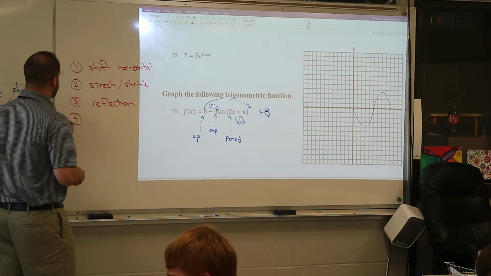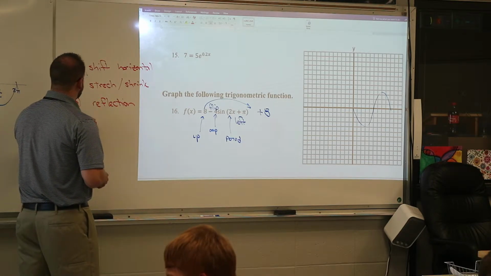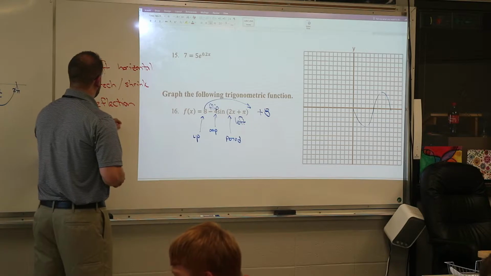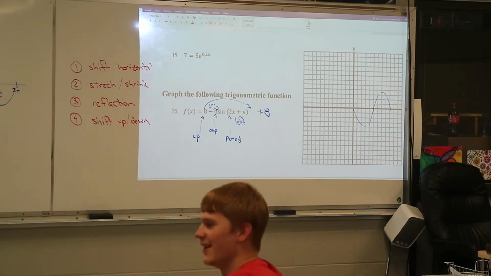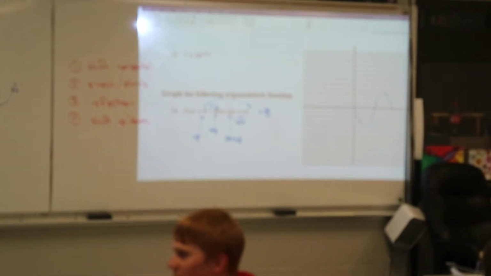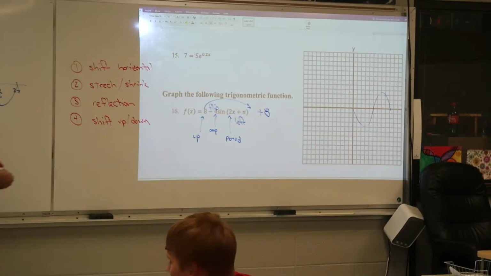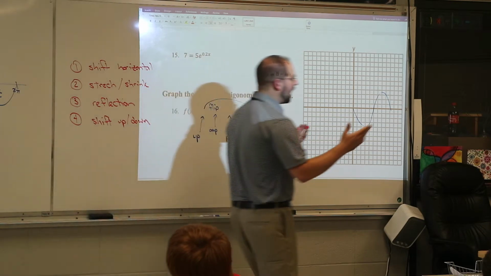And number 4 is gonna be the shift up or down. So that's your order that we go in. That's typically how I always think of it. Now I'm not using the exact words the books always have.